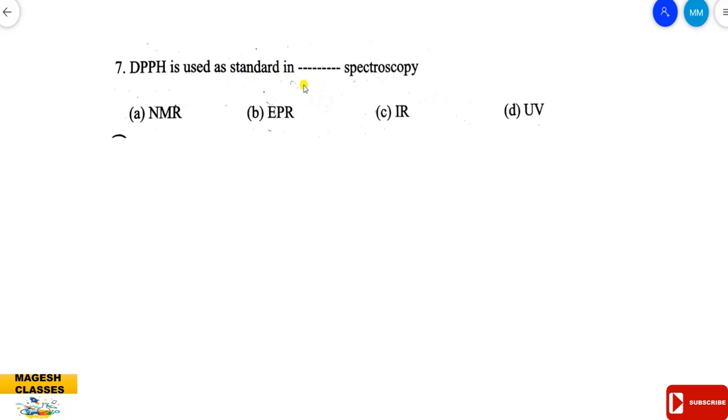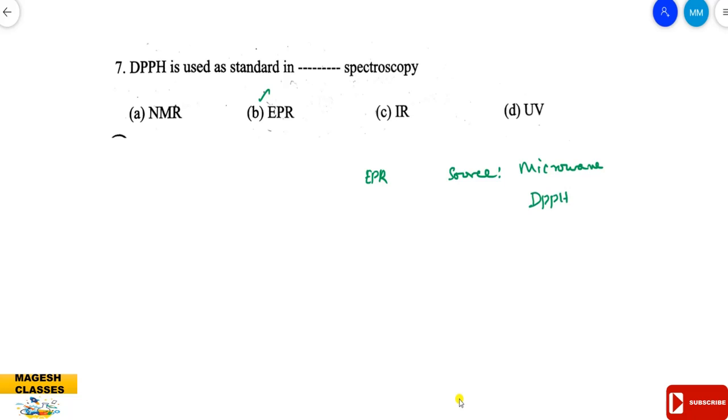DPPH is used as a standard in EPR spectroscopy. It is a direct question. Your answer is EPR, electron spin resonance spectroscopy. In case of EPR spectroscopy, the source is microwave. The standard is DPPH.